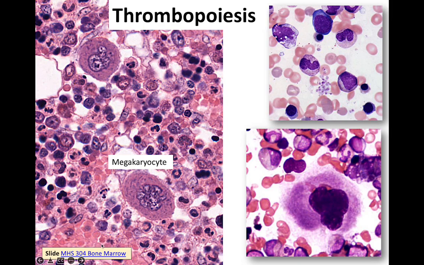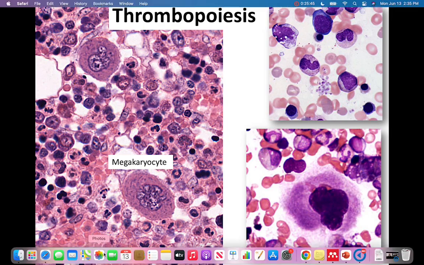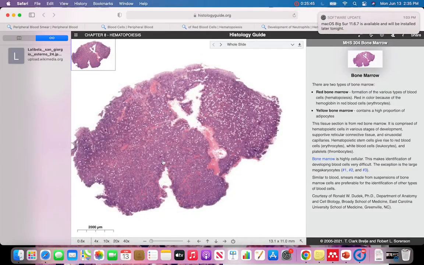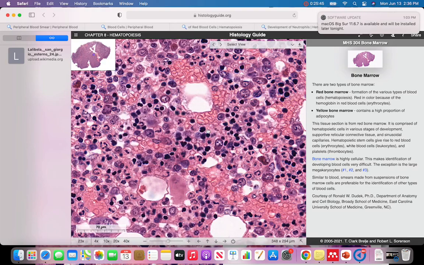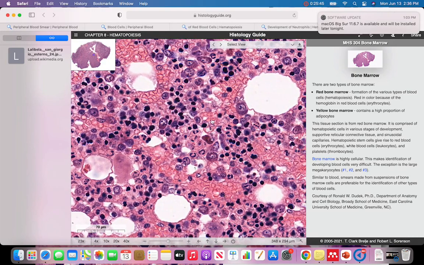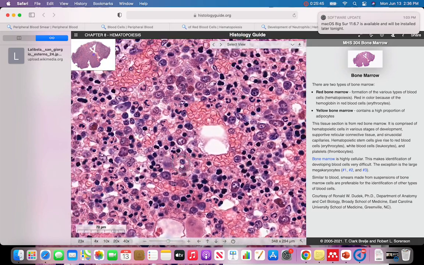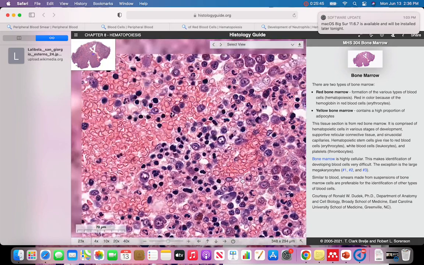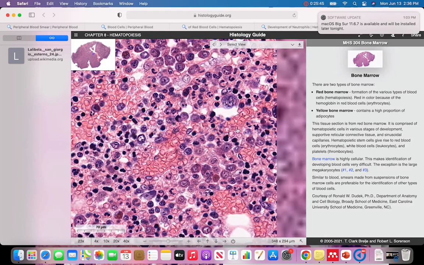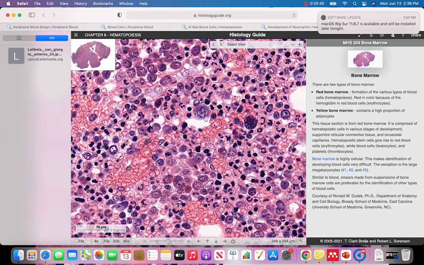So let's see a bone marrow section. This is not a bone marrow smear, it's a section of bone marrow. As you see, the cells are densely packed because it's a section. And you can see these large cells with multi-lobed nuclei.